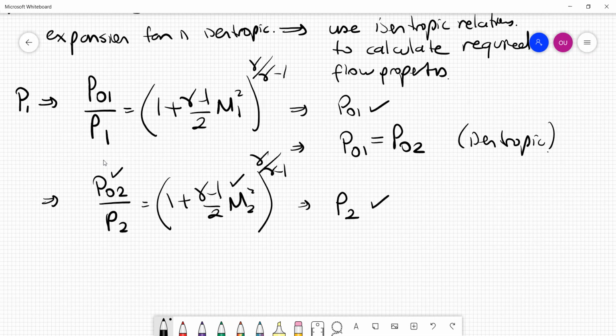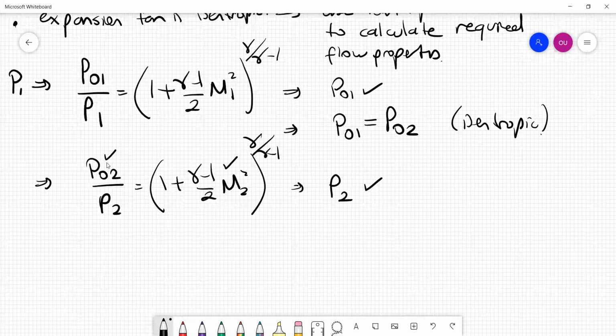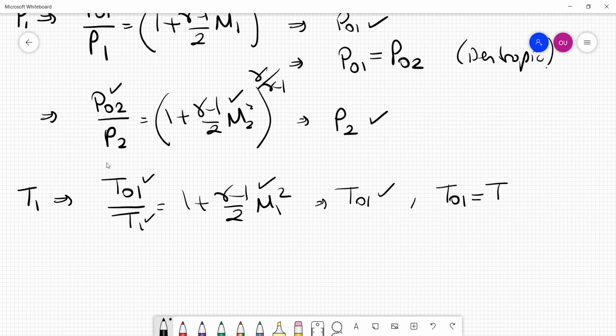So that is one example. Regarding temperature, if T1 is given, you can do basically a similar thing, but just to be complete, let me quickly write this down. T01 over T1 equals 1 plus gamma minus 1 over 2 M1 squared, and M1 is given, T1 is given here, it's the upstream condition, so I can calculate T01. T01 is calculated, but in an isentropic process, it is also adiabatic, so T0 does not change.